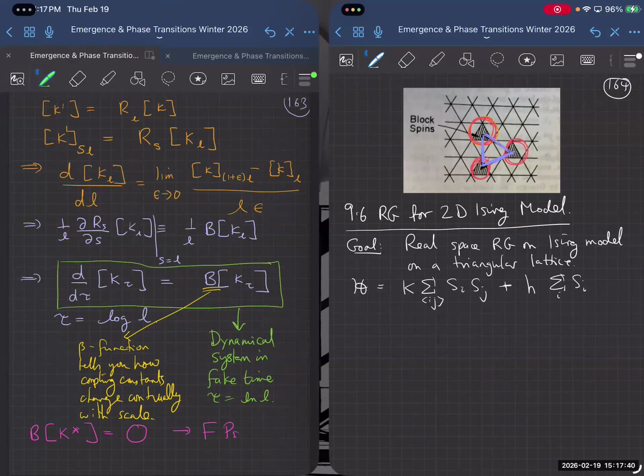And I'm going to define my block spins. Those are the ones I've shown you in the picture, and they are defined to be just the sign of S1I plus S2I plus S3I.